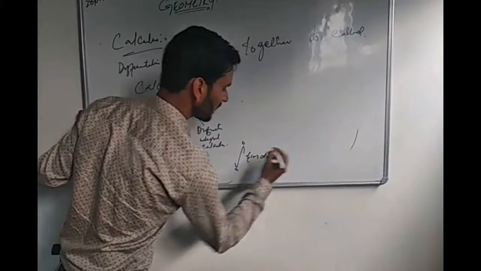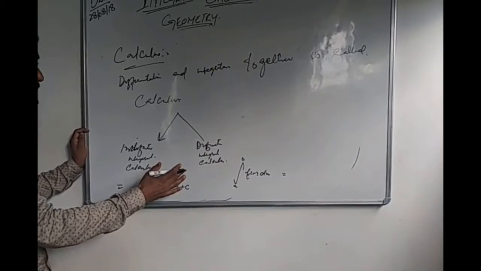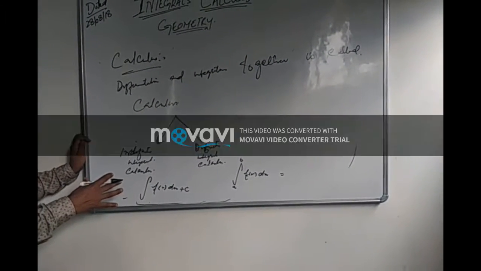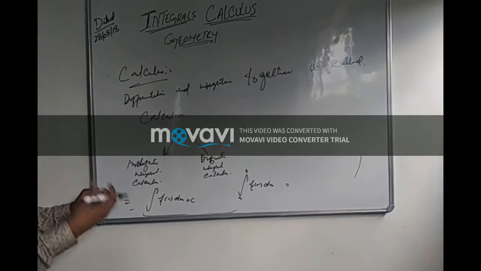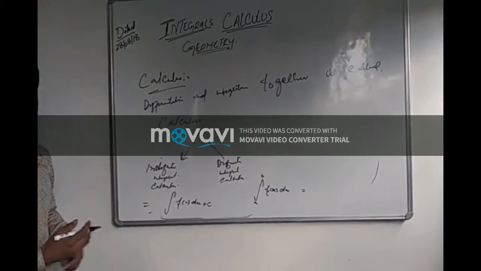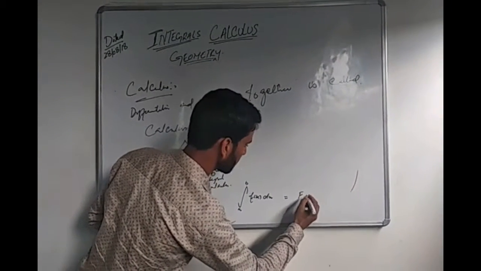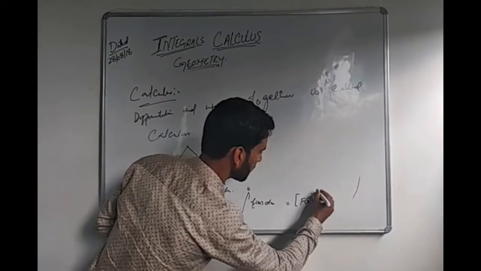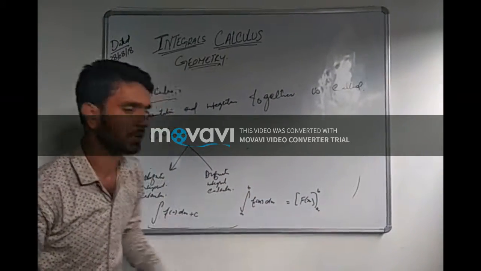When we are dealing with the definite integral, first we find the antiderivative of this equation as in indefinite integral calculus, and after that we give the limits to this variable. Here the variable is x. We denote this definite integral with b as the upper limit and a as the lower limit.